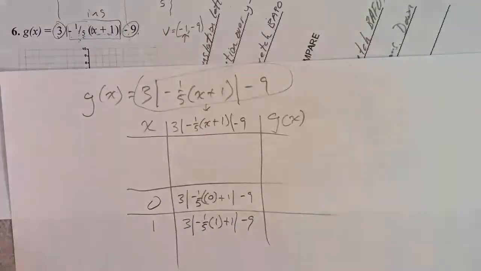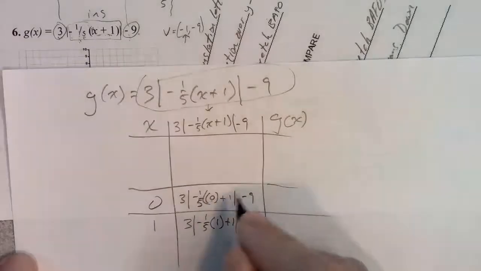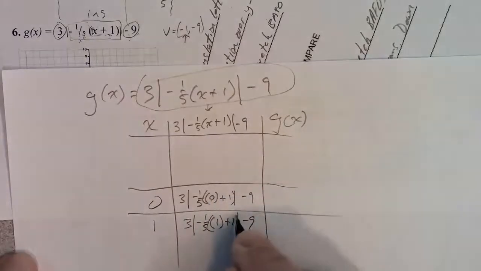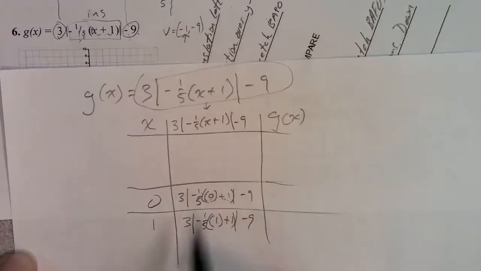Yeah, Owen? When you're filling out the table, would you actually solve? Yeah, you do the math here. So negative 1/5 times 0 is 0, right? Oops, I forgot a parenthesis here. Okay, 0 plus 1 is 1 times negative 1/5 is negative 1/5. Absolute value of negative 1/5 is positive 1/5, right? Times 3 minus 9.